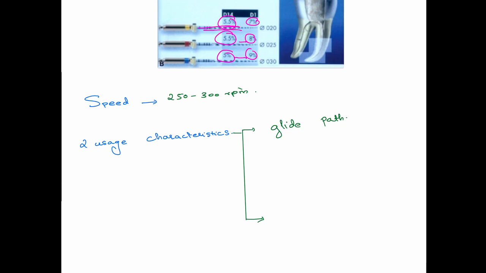I'm not going into detail on the glide path at all. Remember, it needs a glide path, and the working stroke is lateral brushing. Just press laterally onto the canal so that it is not threading onto the canal, which decreases friction and doesn't fracture. But remember, it is basically a lateral brushing force.